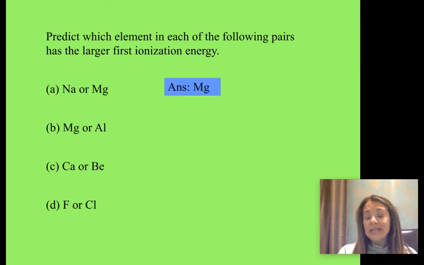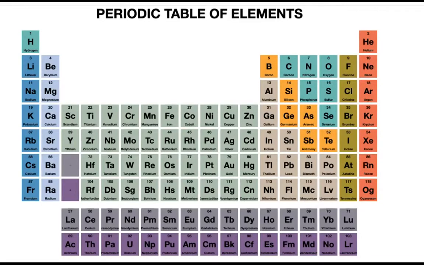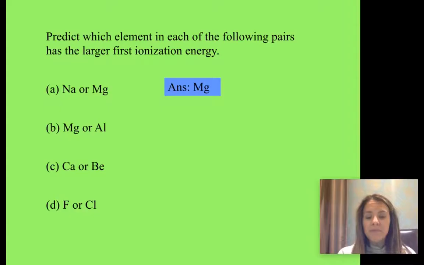When we compare magnesium and aluminum, aluminum would take more energy to remove a valence electron. Therefore, it has a higher first ionization energy. When we look at calcium and beryllium, they are within the same family or column.